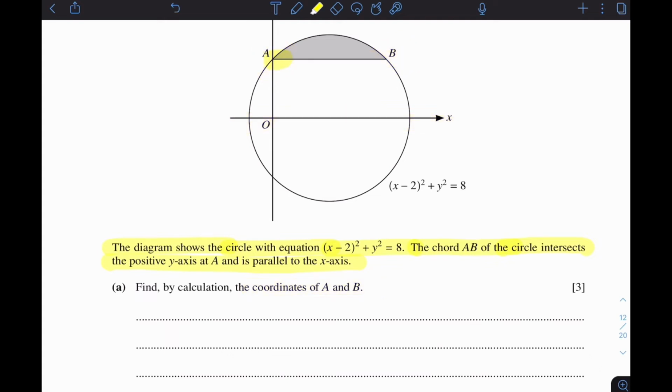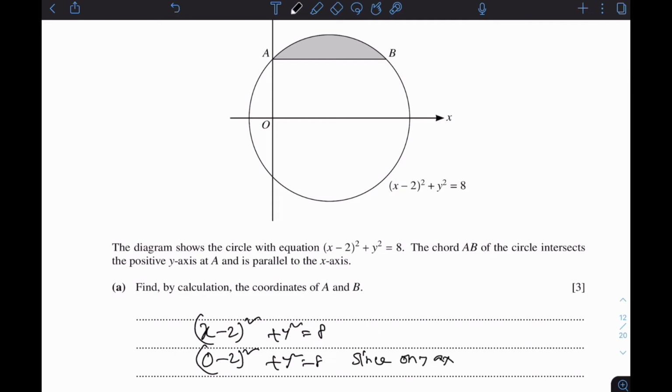So let us try. First of all, since the circle meets the y-axis at this point, x equals 0. So we can write x minus 2 whole square plus y square equals 8. 0 minus 2 whole square plus y square equals 8.